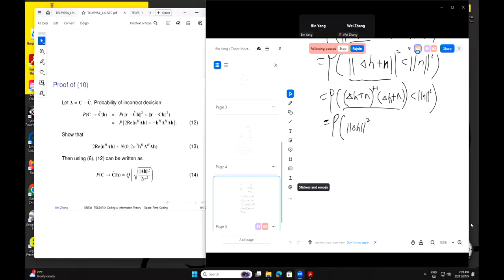And n Hermitian times n is n norm square. We also have two more terms: delta H Hermitian times n plus n Hermitian times delta H, smaller than n square. On the left-hand side, two terms times two terms gives four terms. Right-hand side is still n norm square. No problem?